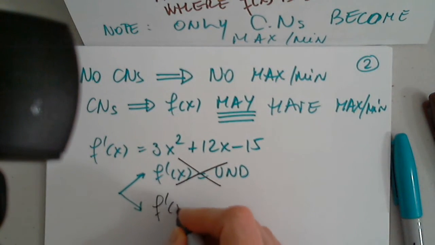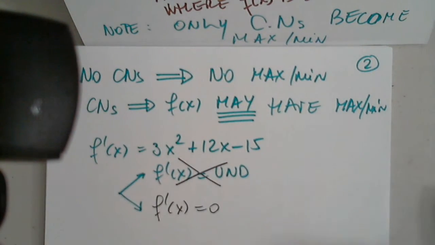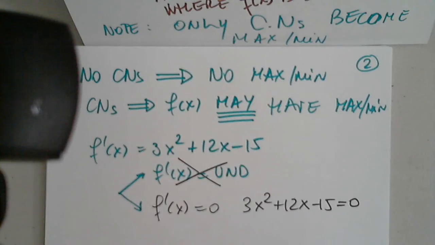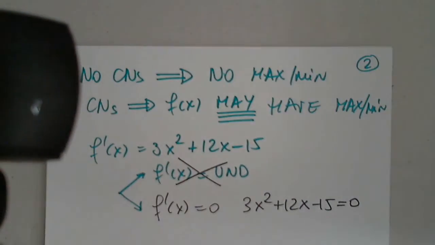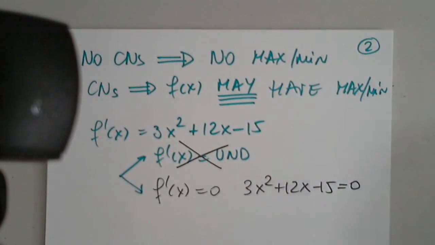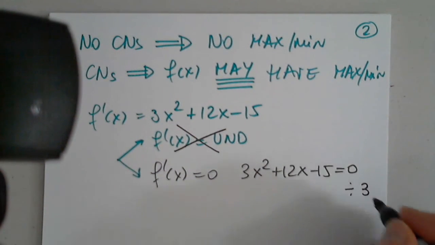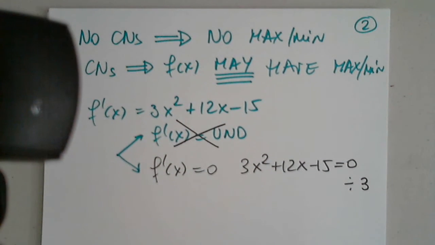So the other possibility is f prime of x being 0, which is 3x squared plus 12x minus 15 equals 0. And can anyone tell us what to do first? Simplify the polynomial. Divide the equation, both sides, by 3. So x squared plus 4x minus 5 equals 0.